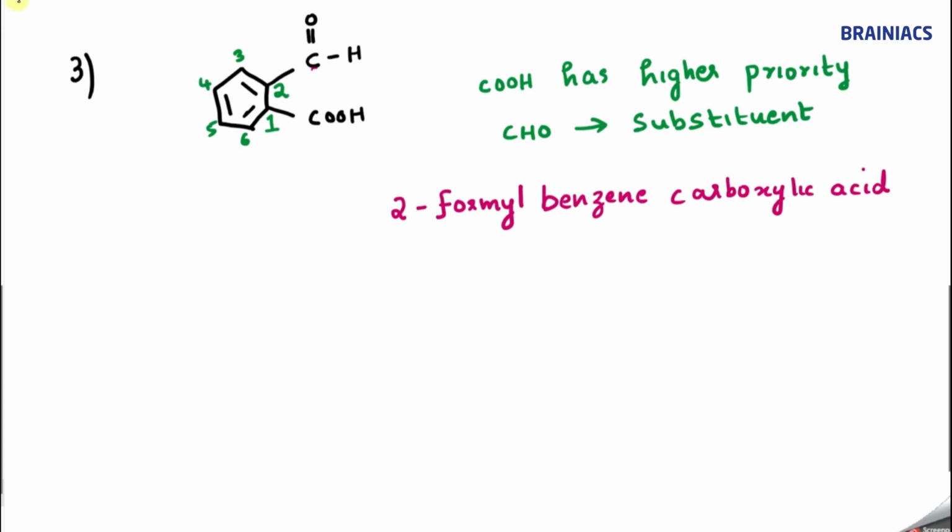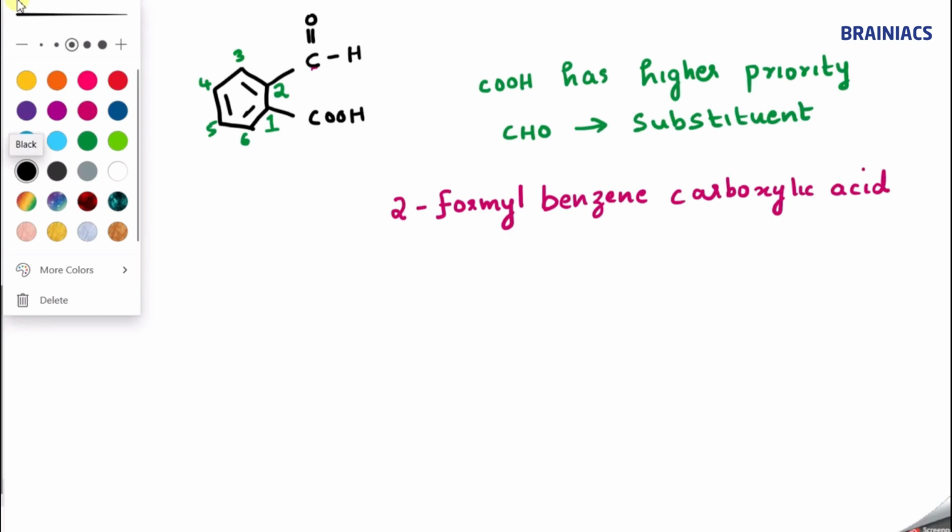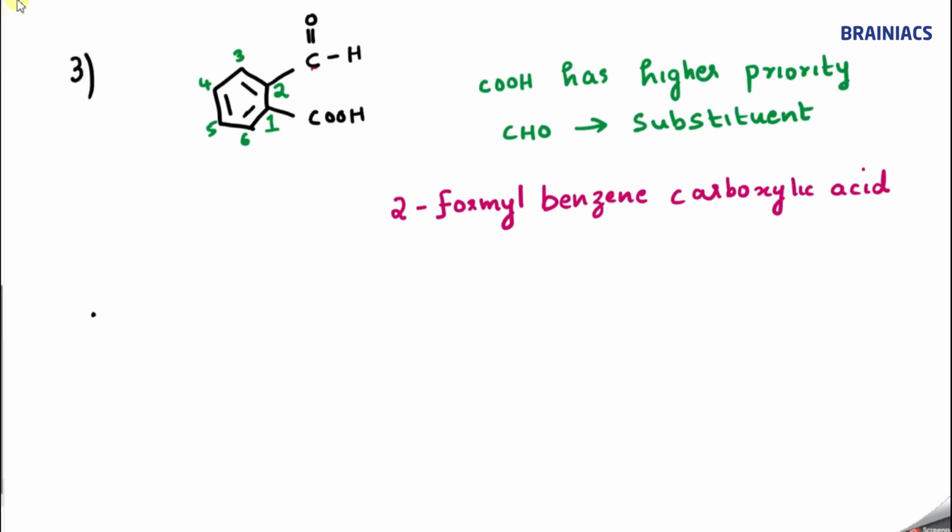So example number 4 I am taking. Let me write that. Listen here. CH3, CHOH, CH2, CH2, then comes C double bond OH, correct?